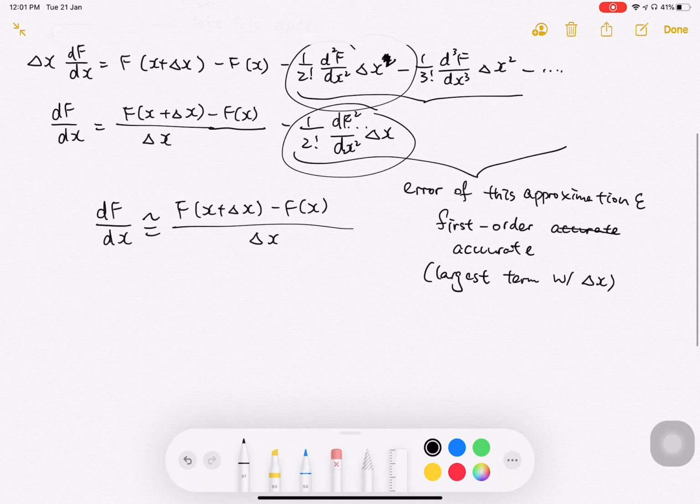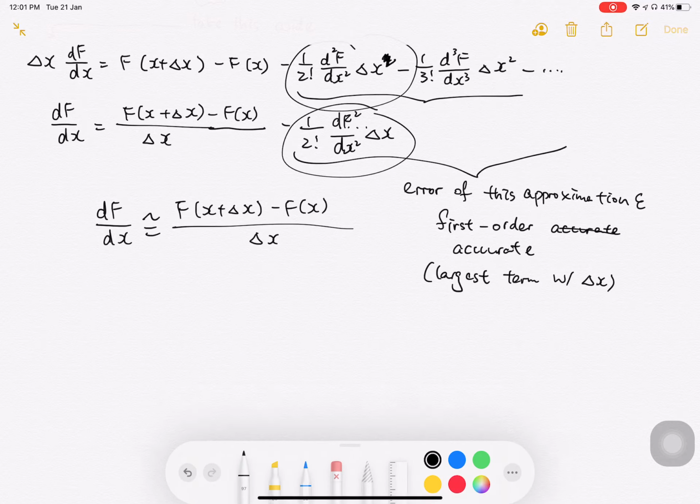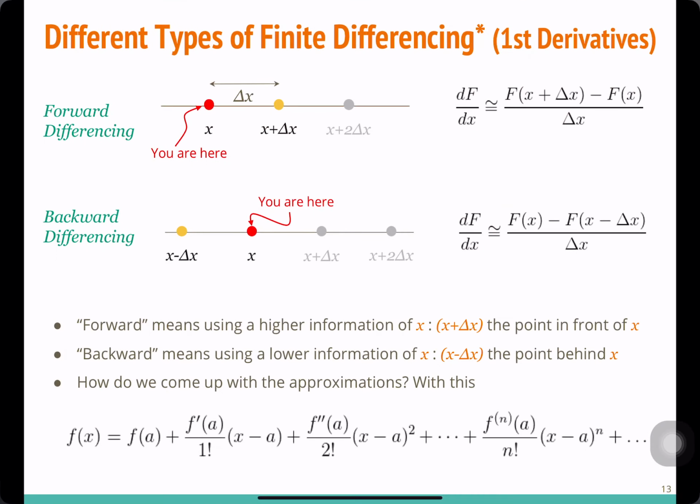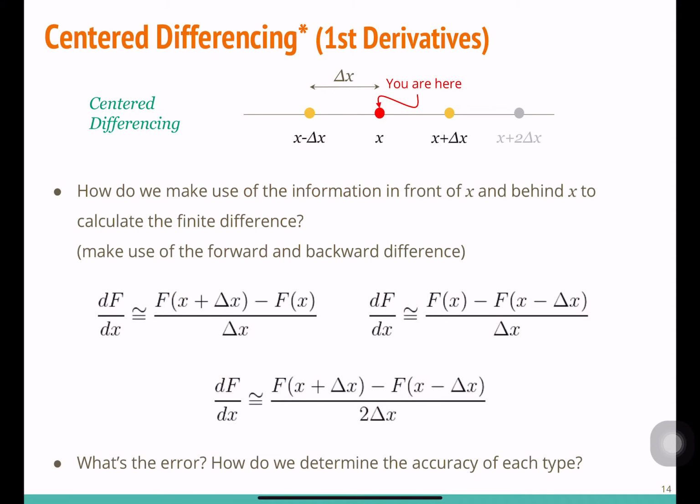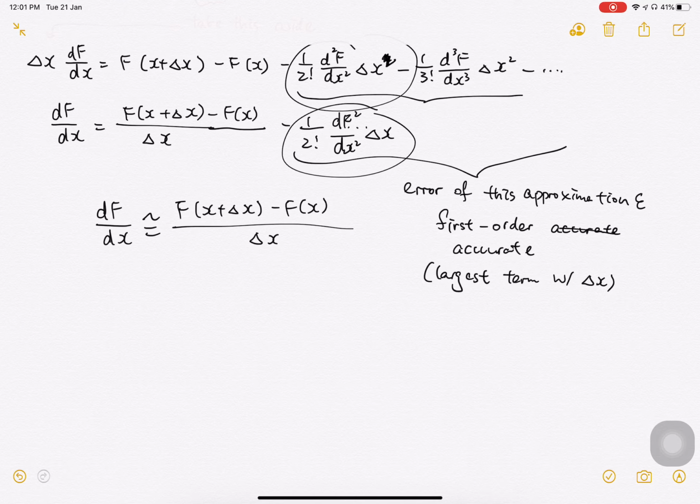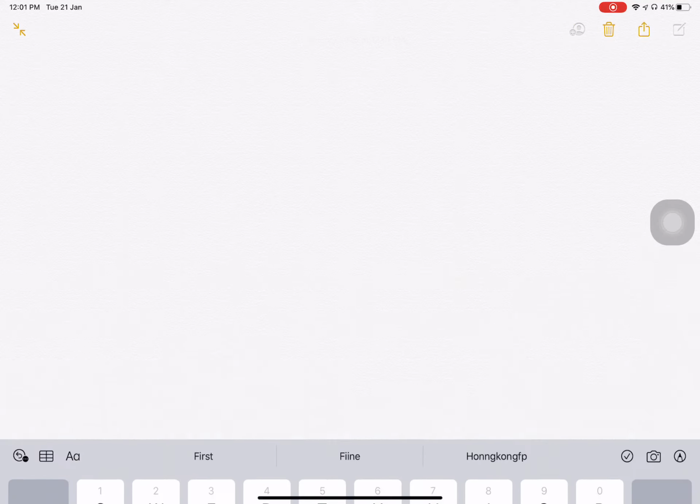Okay, so the backward differencing is exactly the same, except that, so this is the forward differencing. We have just done this. This is the backward differencing. I can also do this with you. So backward differencing.